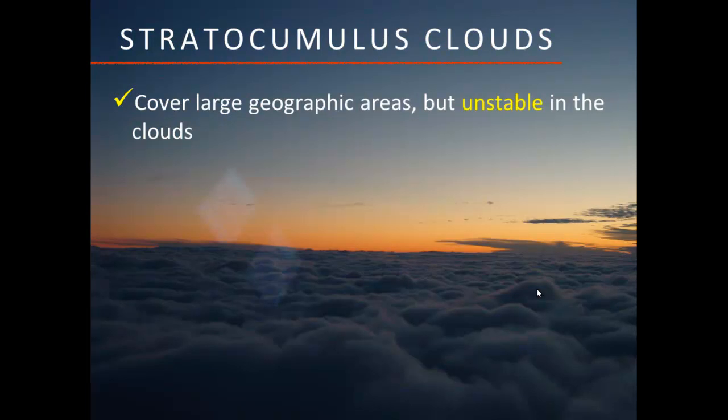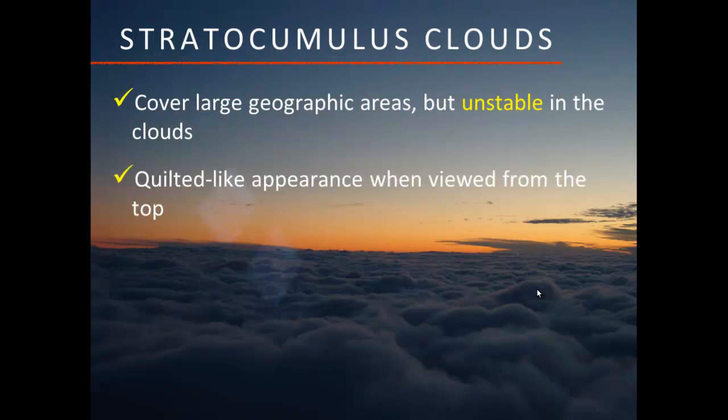That's where the strato comes from. Like stratus can cover large areas, but the clouds themselves are a bit unstable inside, hence the cumuliform aspect of them. So this is stratocumulus. They have a quilted-like appearance when viewed from the top. If you've ever flown over a stratocumulus deck, you know exactly what they look like. They're kind of a quilted, lumpy, mashed potatoes look on top.